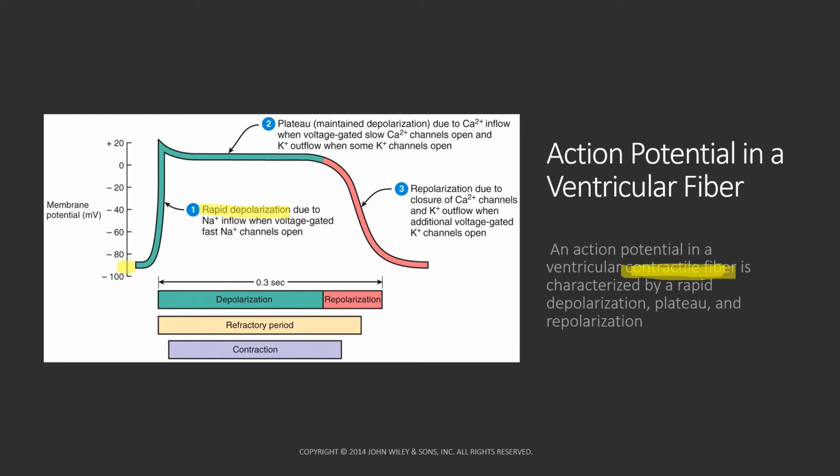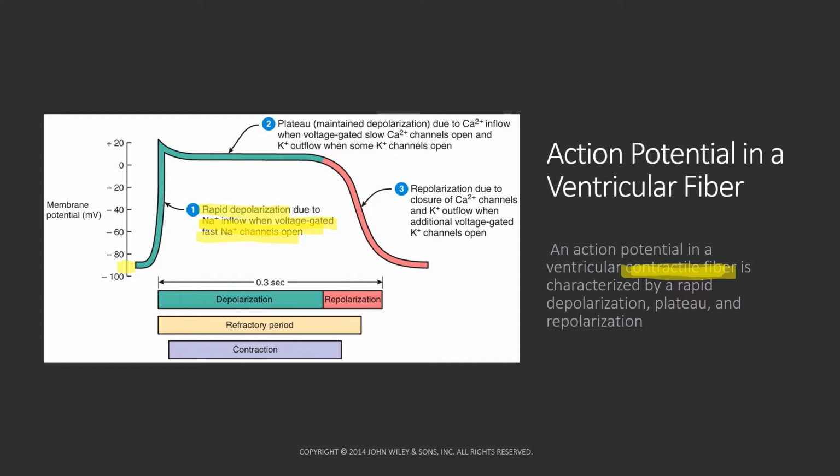Now, when a contractile fiber is brought up to threshold by an action potential from the fibers around it, its voltage-gated sodium channels are going to open really quickly. So these voltage-gated fast sodium channels are going to open really quick. Now these channels are actually a lot quicker than normal voltage-gated sodium channels, like the type that we see in neurons.